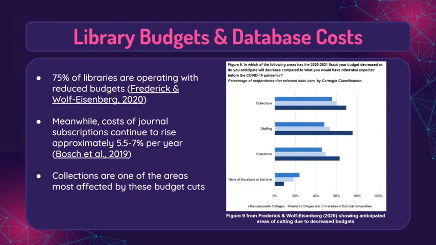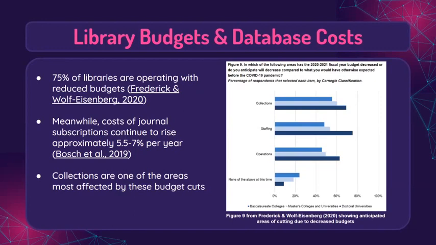But what's important about this is that as library budgets continue to decrease, reflecting on our collections, what is essential, what is non-essential, becomes more and more important. And at the same time that libraries are being faced with these difficult decisions about what to do with our collections, the cost of these database journal subscriptions continues to increase approximately 5.5 to 7% per year.